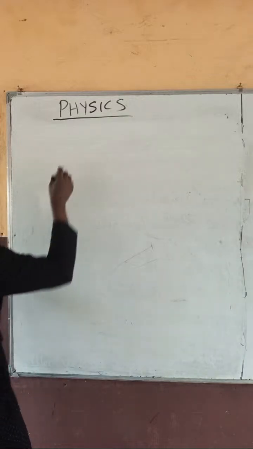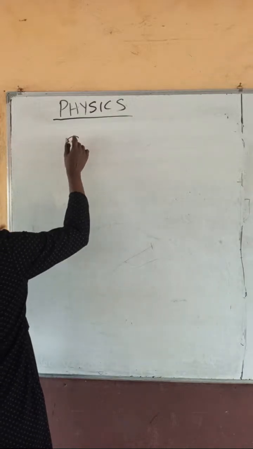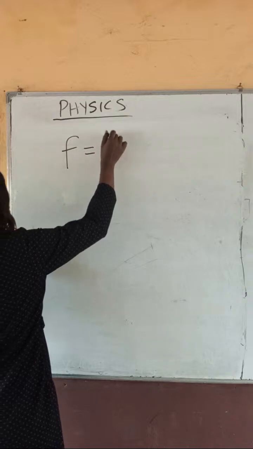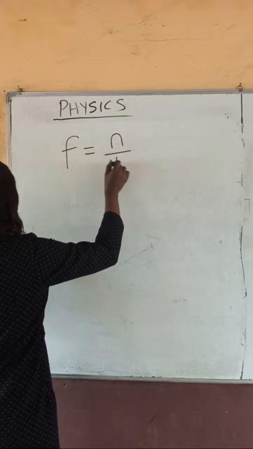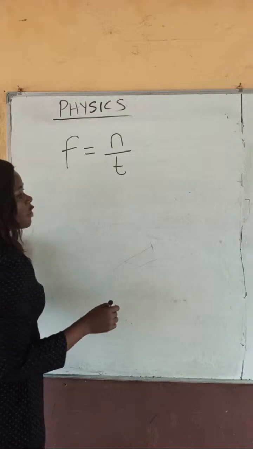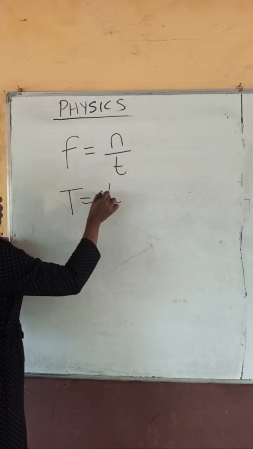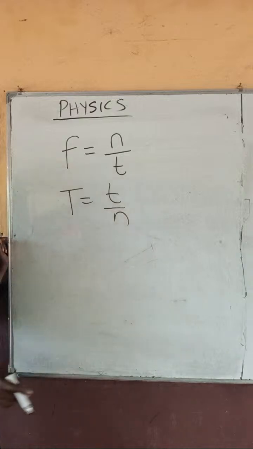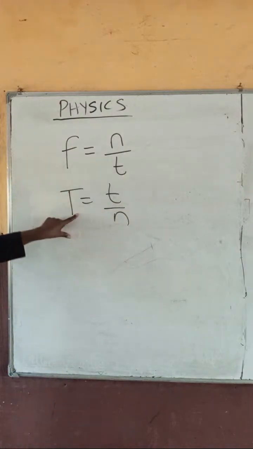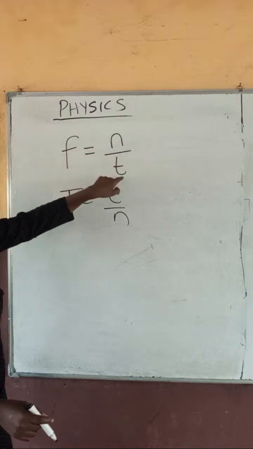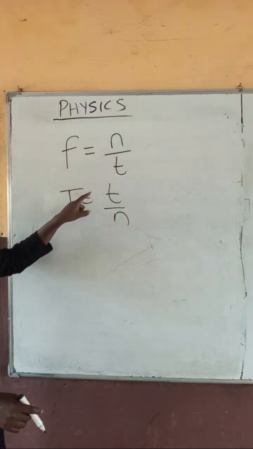All right. The frequency is equal to the number of complete oscillations a particle covered in 1 second, and the period is the time taken for a particle to make one complete oscillation. So there's a relationship between this and this. If you look at it, frequency is n over t, while period is t over n.